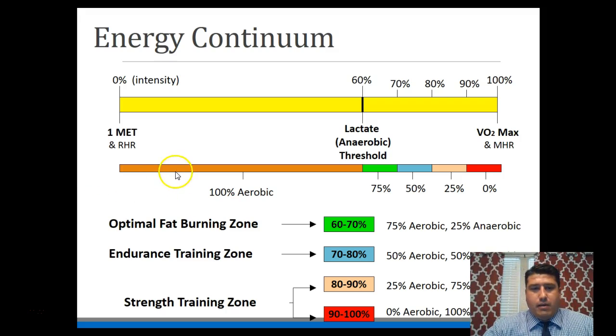But for now, this is a good time to introduce the bottom portion of this continuum. You can see the differences in color. All right, so from 0 to 60% intensity, or before the lactate or anaerobic threshold, activity at this point is 100% aerobic.